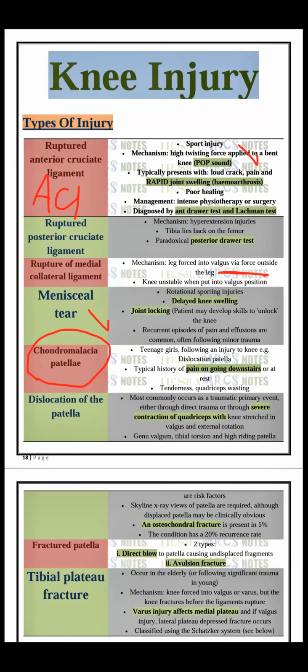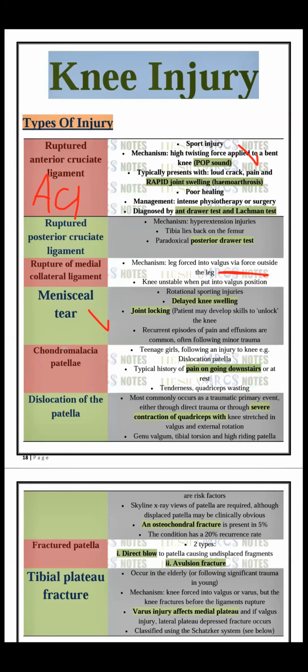So once you see a teenage girl or young female with pain over her knee, coming on going downstairs, and a characteristic sign of quadriceps wasting, seen on examining the quadriceps circumference, this is chondromalacia patellae.